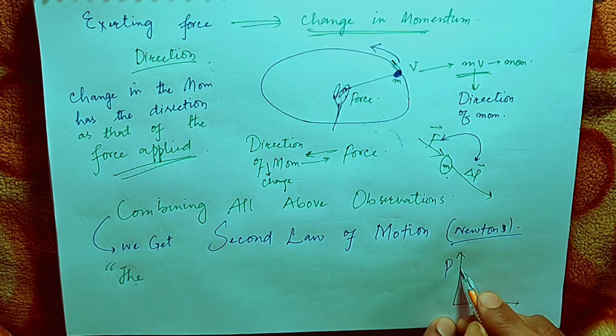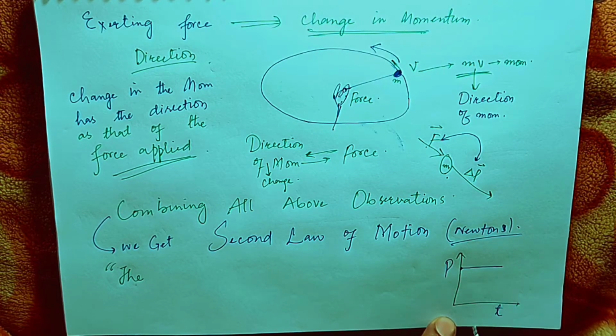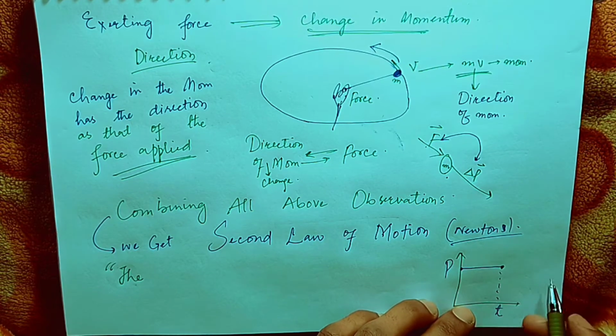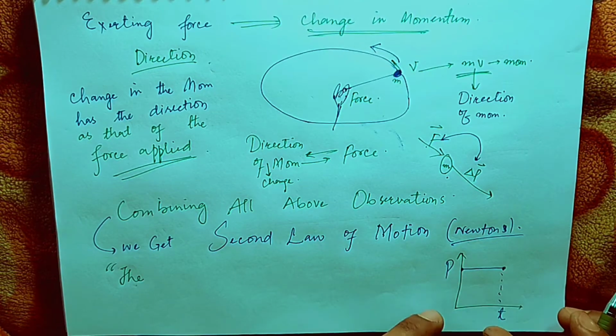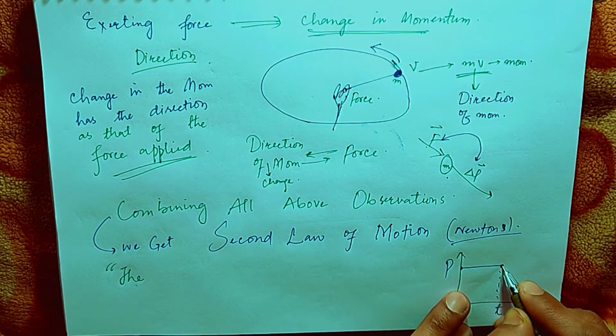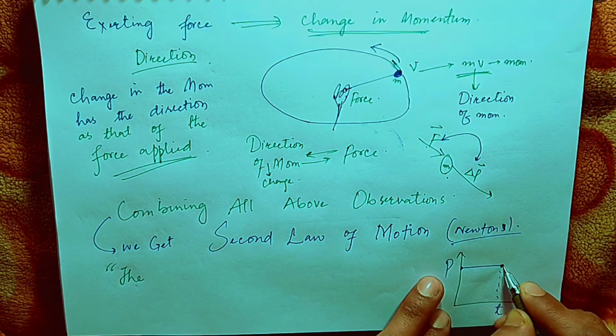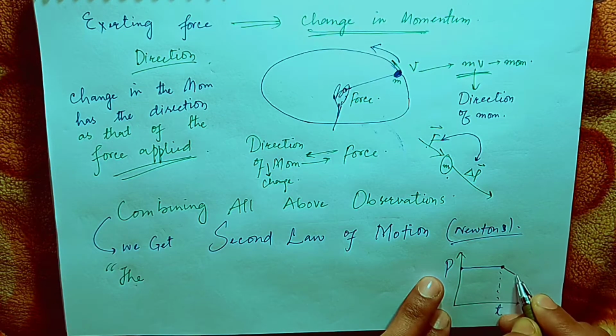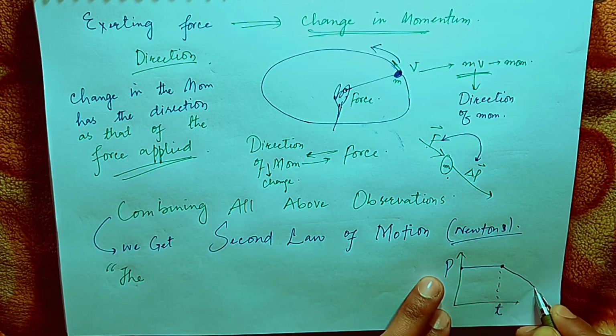With respect to time, say a body is having this much momentum for some period of time, and here force is applied. At this point of time, force is applied. There will be a few conditions. If the time of action or relaxation time is very much higher, the change in the momentum will be from this point downwards, but the time of action will be more.